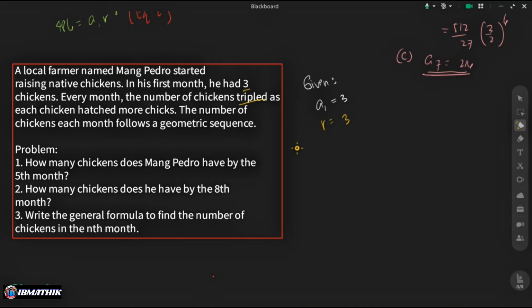Let's proceed with question number 1. How many chickens does Mang Pedro have by the 5th month? It will be a sub 5 is equal to, let's follow the formula, a sub n equals a sub 1 times the ratio raised to n minus 1. So with that, our n will be 5.